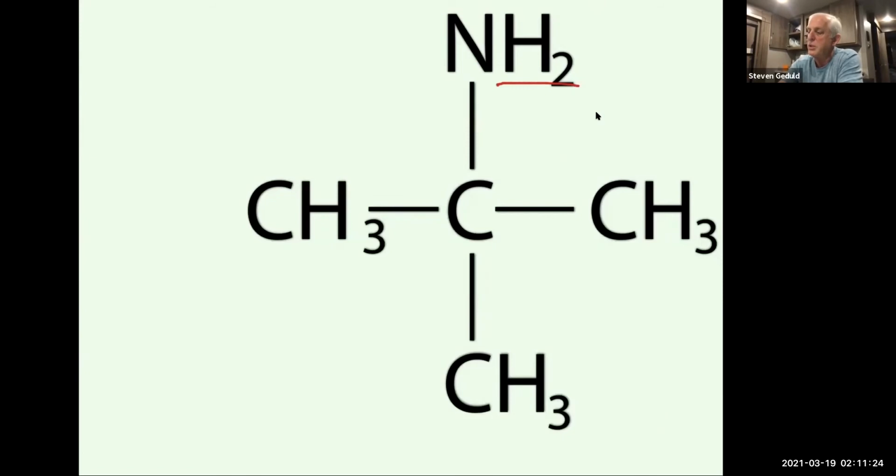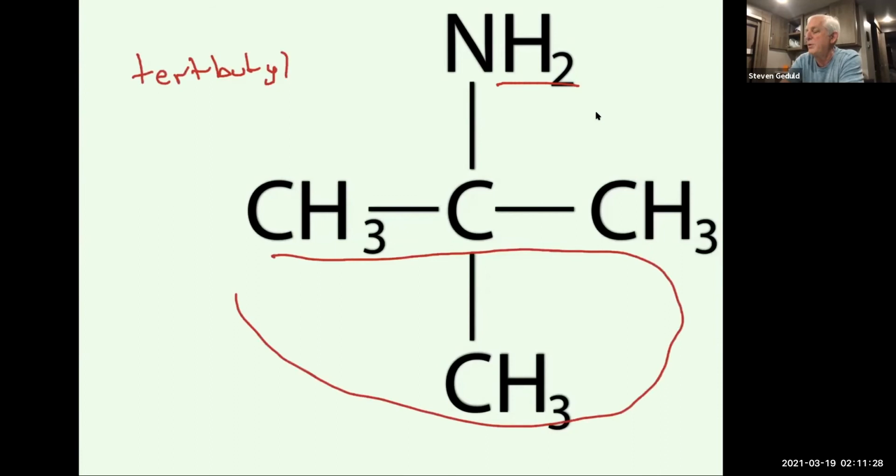So it would be tert butyl, which is a tertiary butyl is what it stands for. Okay, tert butyl amine, that's the common name because we named it as a substituent. Or it would be tert butane amine for the systematic name.